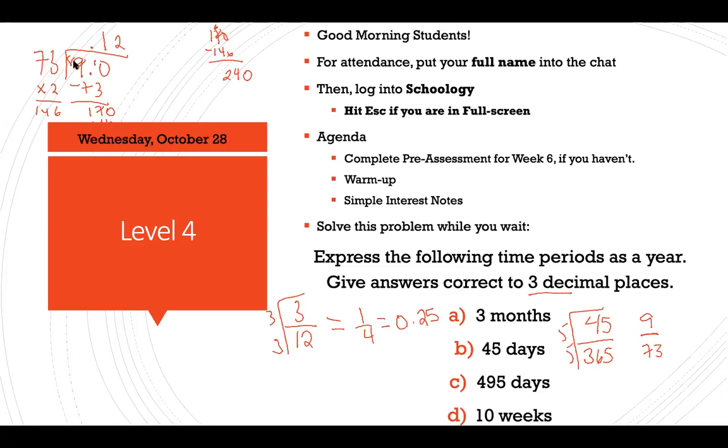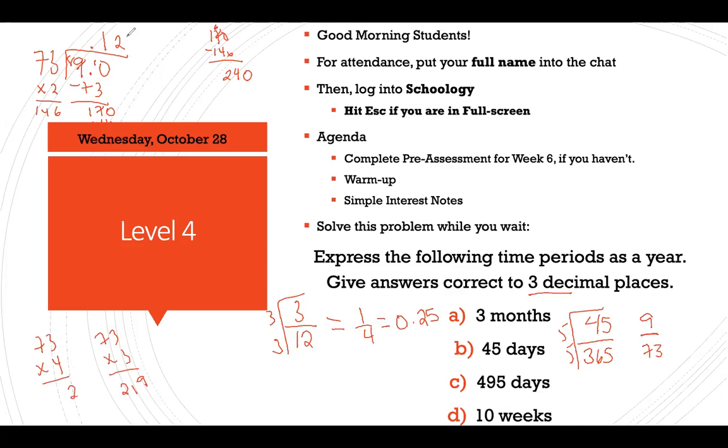So how many times does 73 go into 240? I'm going to say probably about 4 times. That's going to be my guess. Let's do 73 times 4 to see. Well, it's too much. So 73 times 3 is 219.